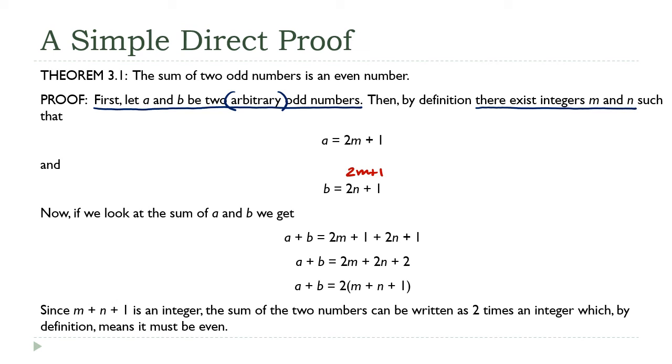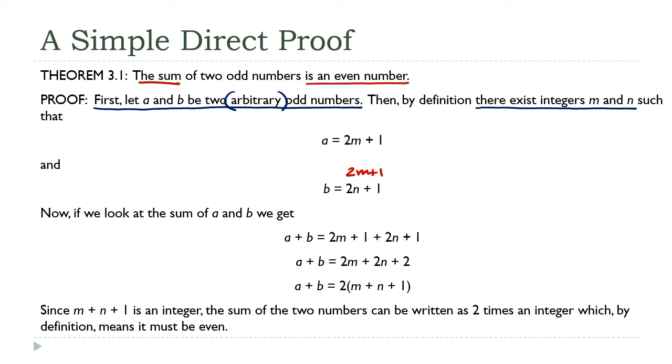Now, at this point, I've largely completed the setup of the proof. So my next step is to go to the other end and look at what I'm trying to show, that the sum of the two numbers is even. So this is telling me where I need to end up. In this case, the only thing we have to work with is the definition.